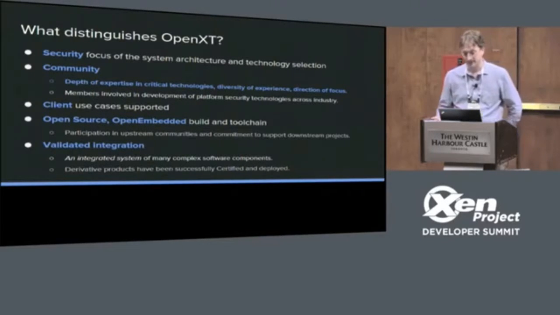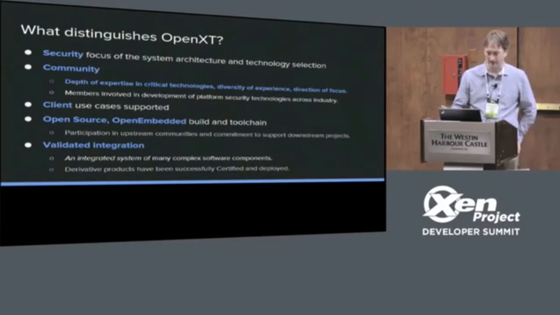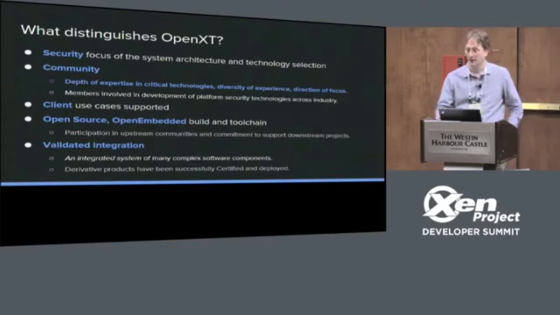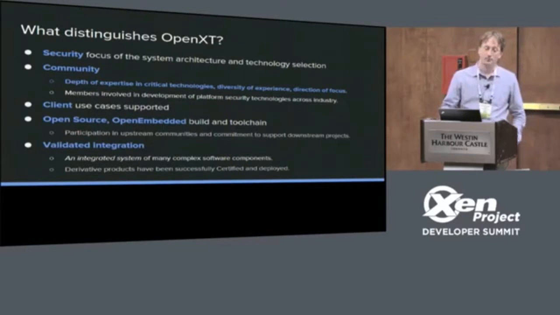And the final thing I think I draw attention to about this distinguishing about OpenXT is that it is validated integration. It is a complex system to make all of these complex technologies, individually complex, work together as a cohesive whole. But we have done that and made it available, and we validate the result. There is QA applied.